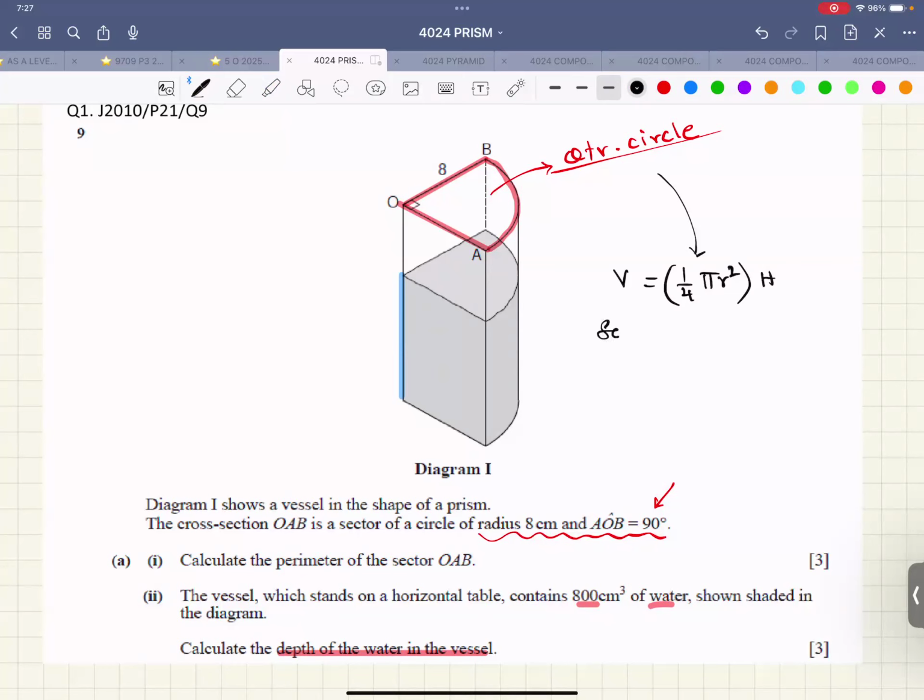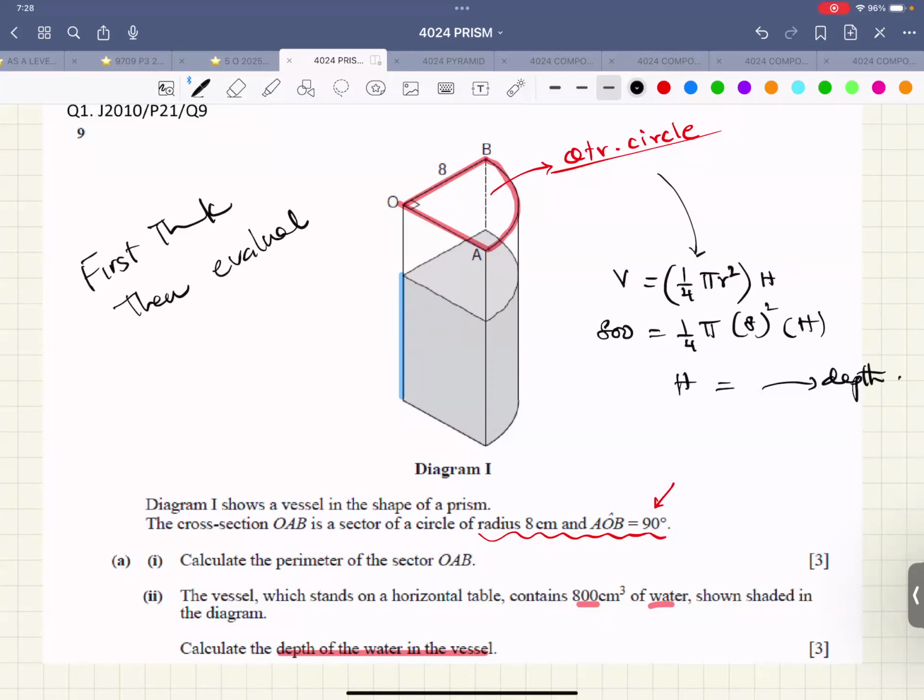So this volume is 800, this is 1/4, this is pi, r is 8 square into h, make h the subject, that is the depth of water. As simple as this. First think, let me write this thing. First think, then evaluate.